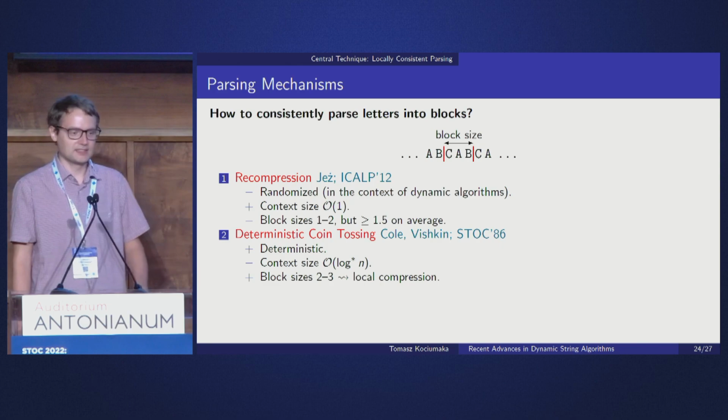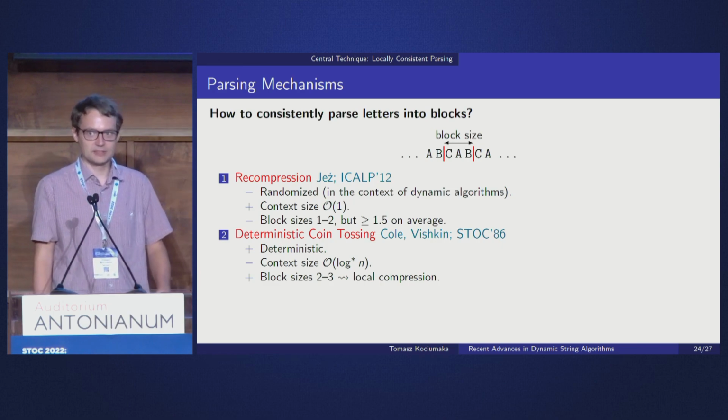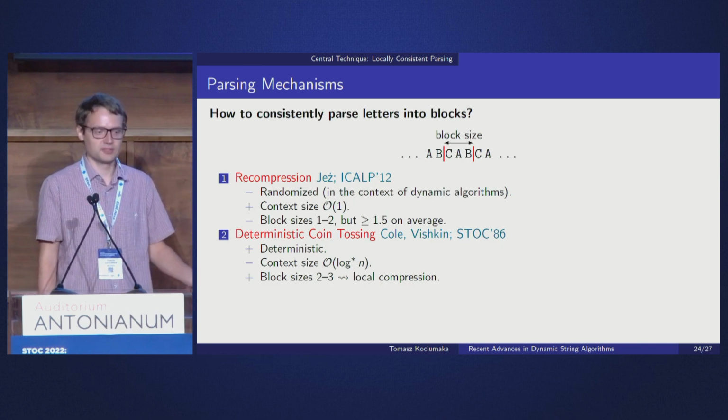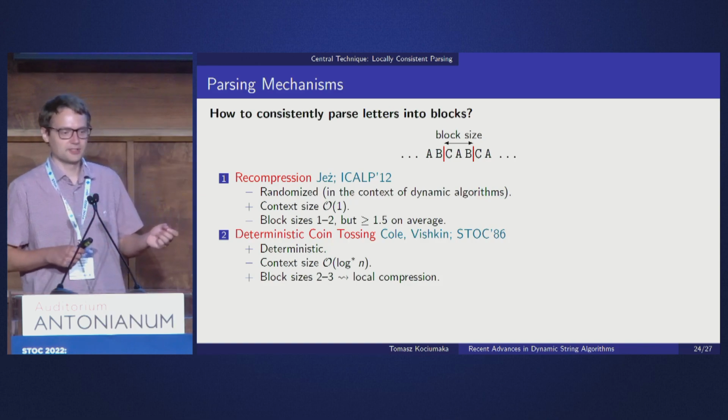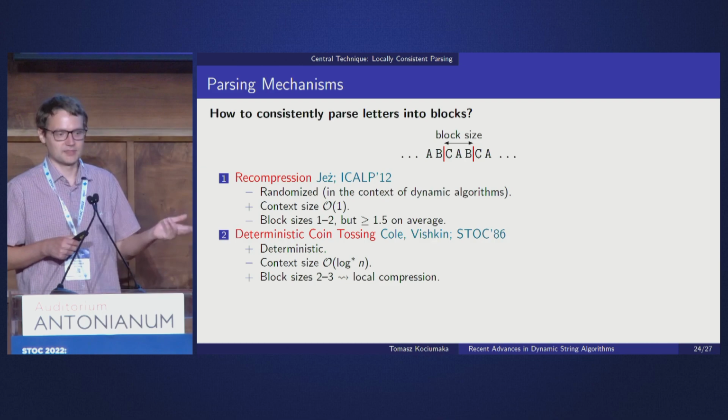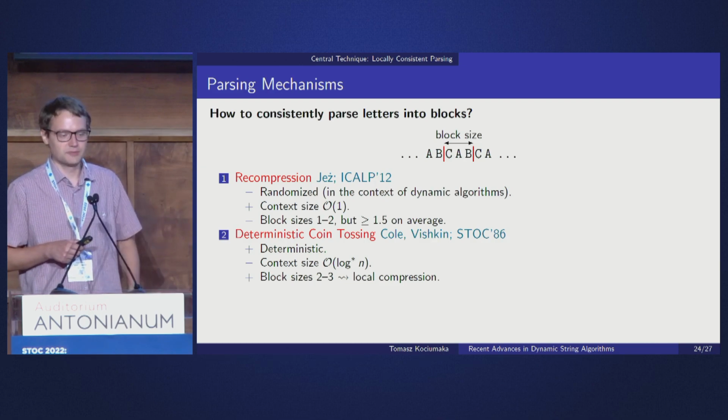But the main advantage is that not only is the structure deterministic, but also the block sizes are between 2 and 3. And thus we have what's called local compression, that we don't have any regions lagging behind just because they keep forming blocks of size 1.